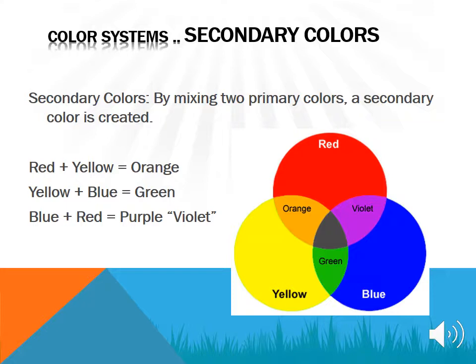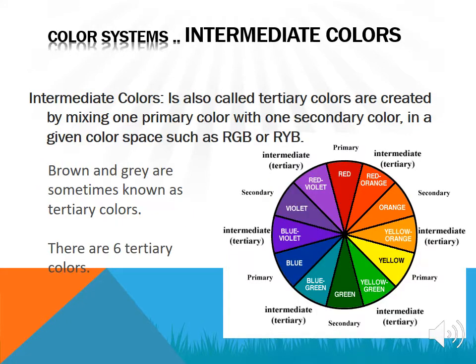For example, mixing red and yellow is orange. Mixing yellow and blue is green. Mixing blue and red is purple, or we call it violet. So the colors orange, green, and purple or violet are called secondary colors.